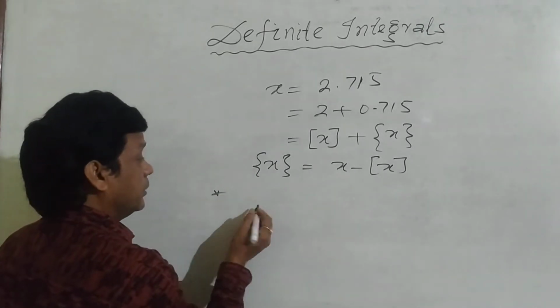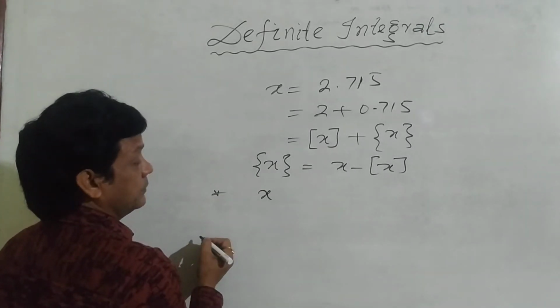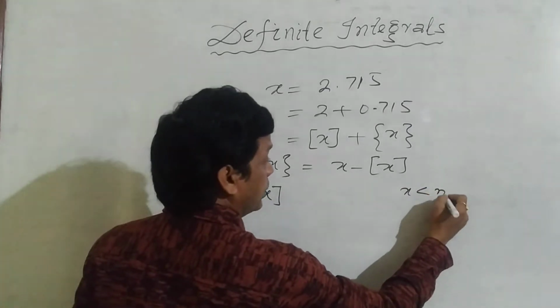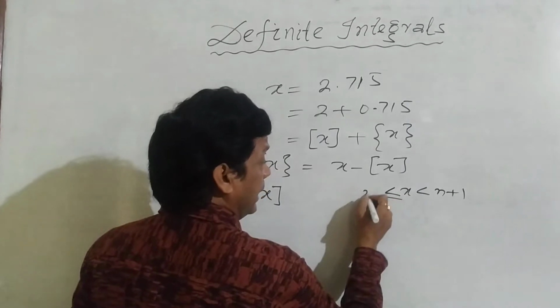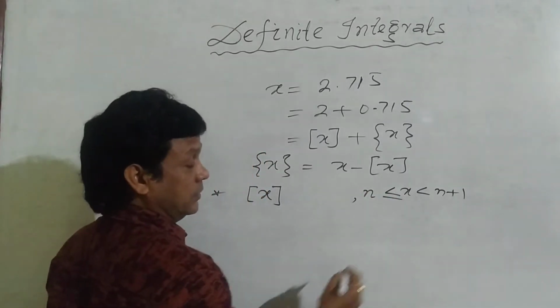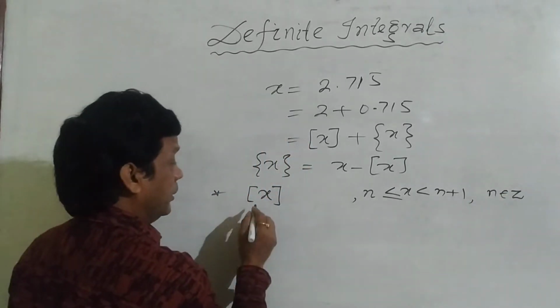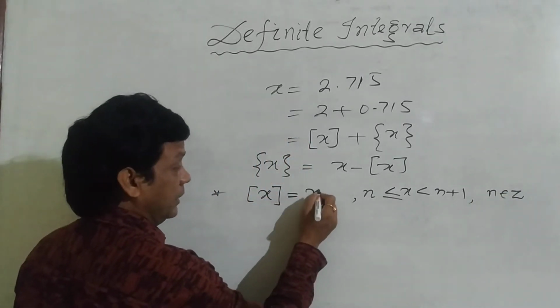But if x is less than n plus 1 and greater than or equal to n, and n is an integer, n belongs to Z, then bracket x is equal to n.